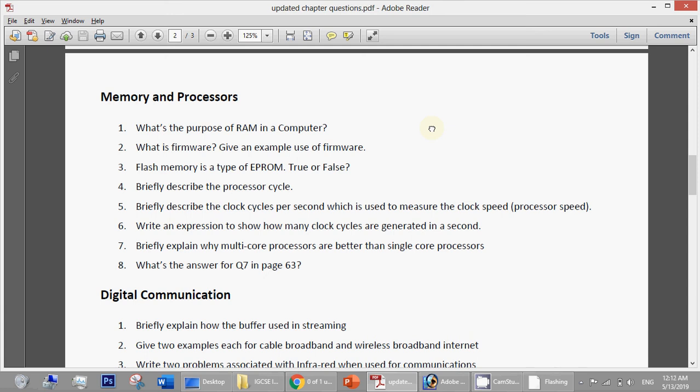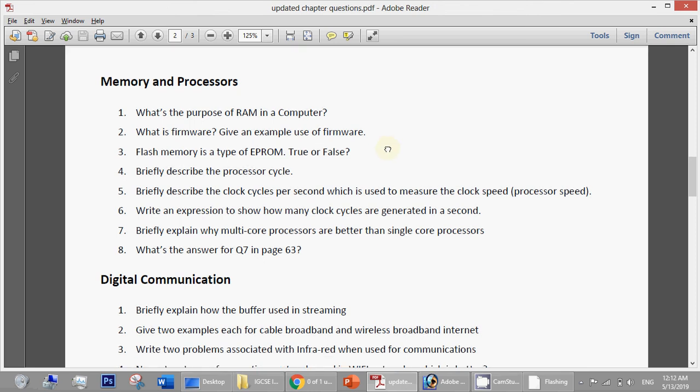Just know that it fetches the instruction, and then it has to be decoded into an understandable format, and then it is executed. In the sense, it's converted into ones and zeros, and then it is executed. So this is an ongoing cycle, the process cycle. It's an iteration, repetition, right?